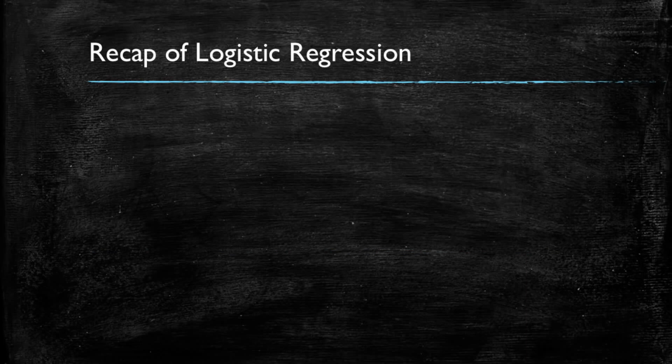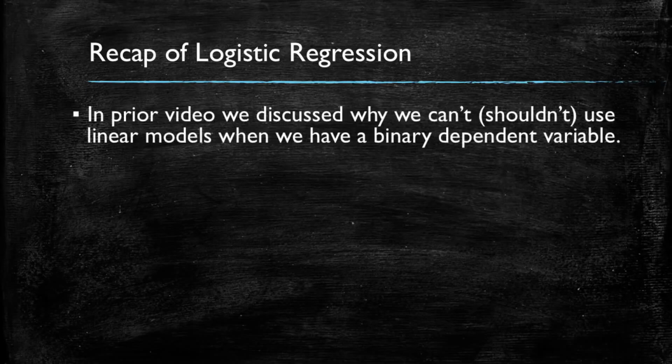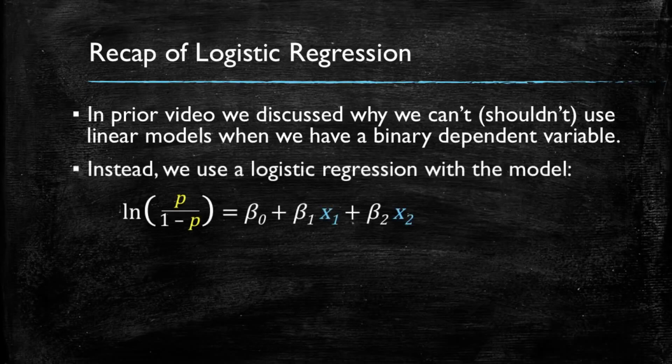Let's start with a recap of what we had learned about logistic regression. In the prior video, we had discussed why we can't, or at least shouldn't, use linear models when we have a binary dependent variable. We had found that our forecast would be outside of the range of probabilities, that is from 0 to 1. To fix this, instead, we use a logistic regression model that looks as follows.